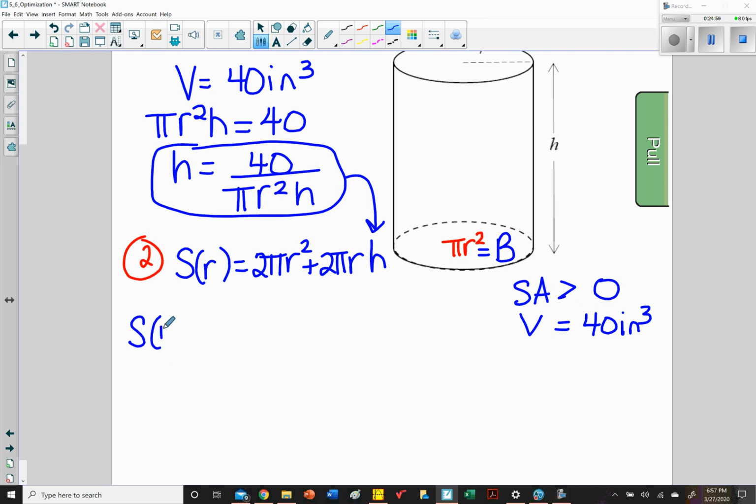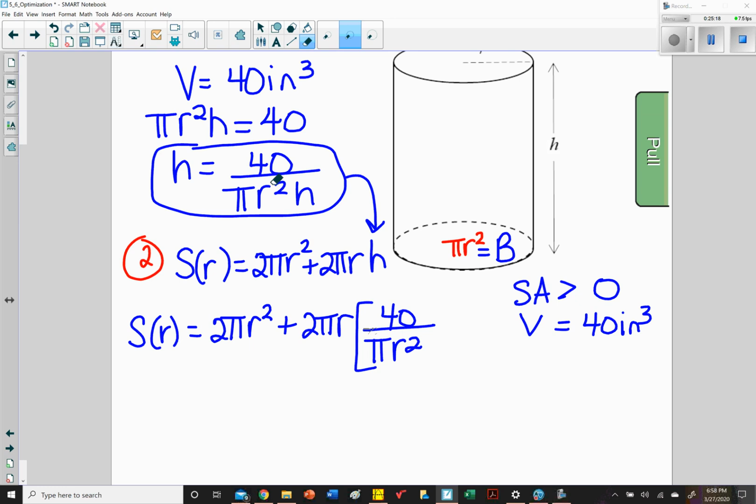So surface area is 2 pi r squared plus 2 pi r times 40 divided by pi r squared. Whoa, back up. H. I didn't want to do that.